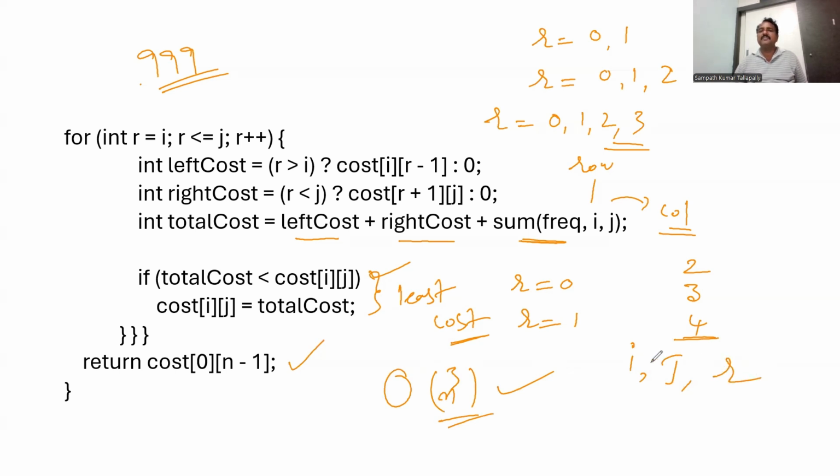So we have these three loops, and for these three loops we perform n operations each. So n into n into n becomes order of n cube. So the complexity of the algorithm used for calculating the optimal value is order of n cube. This is a very simple logic by which we design the program for an optimal binary search tree.